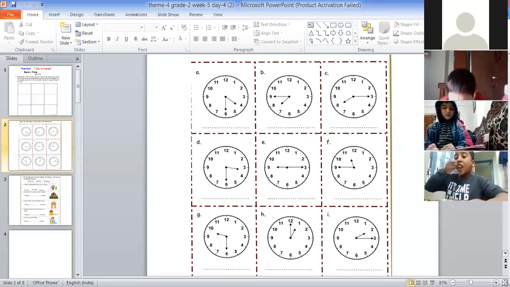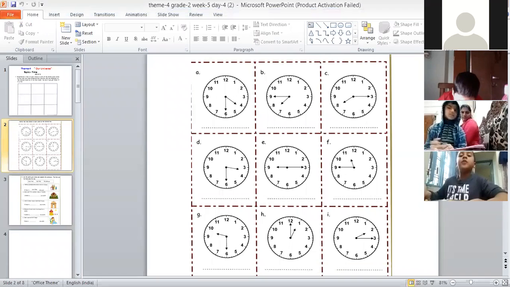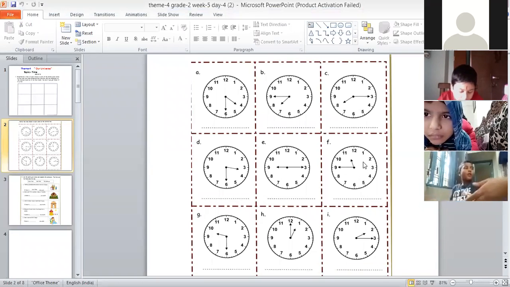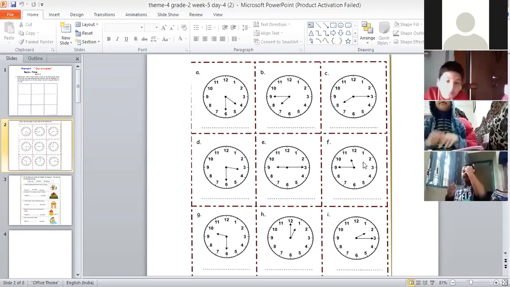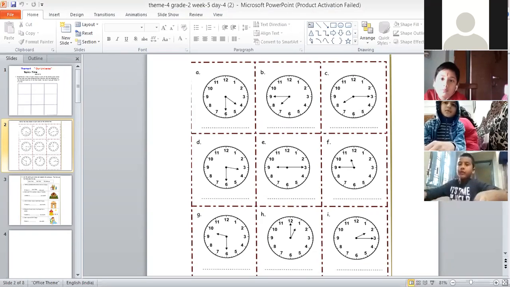The time is 9:30, and in half past form, what can we say? In another way, in half past form, what will you say? Half past 9 or half past 10? Half past 10, ma'am. No, it will be half past 9.